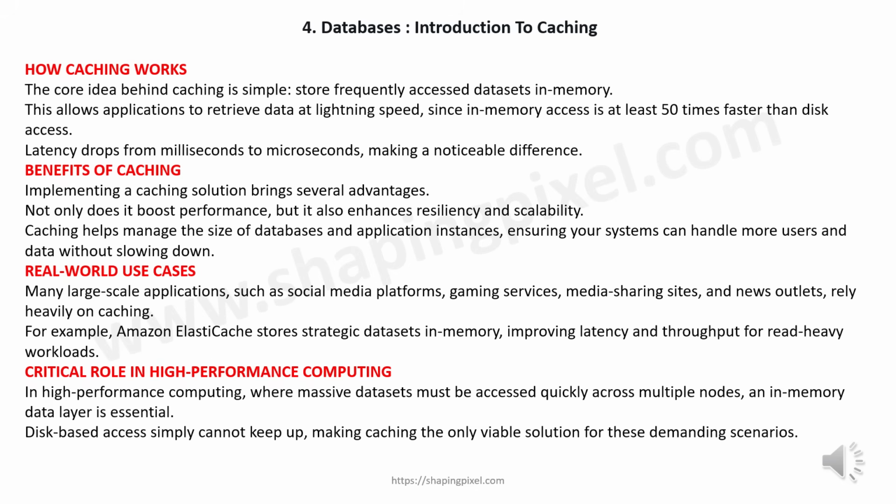For example, Amazon ElastiCache stores strategic datasets in memory, improving latency and throughput for read-heavy workloads. In high-performance computing, where massive datasets must be accessed quickly across multiple nodes, an in-memory data layer is essential. Disk-based access simply cannot keep up, making caching the only viable solution for these demanding scenarios.